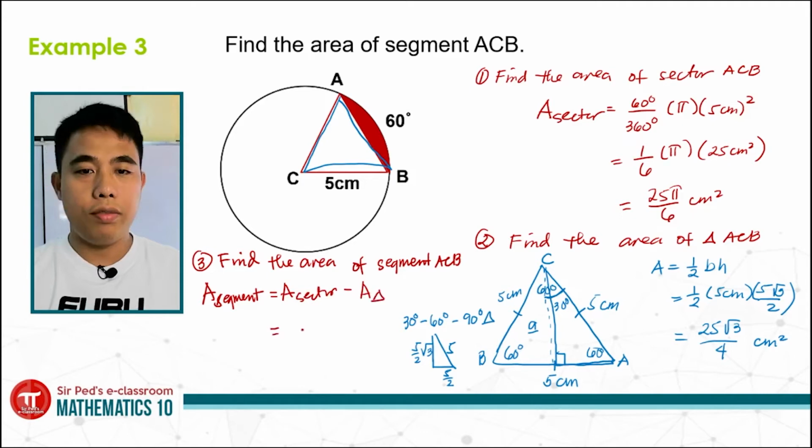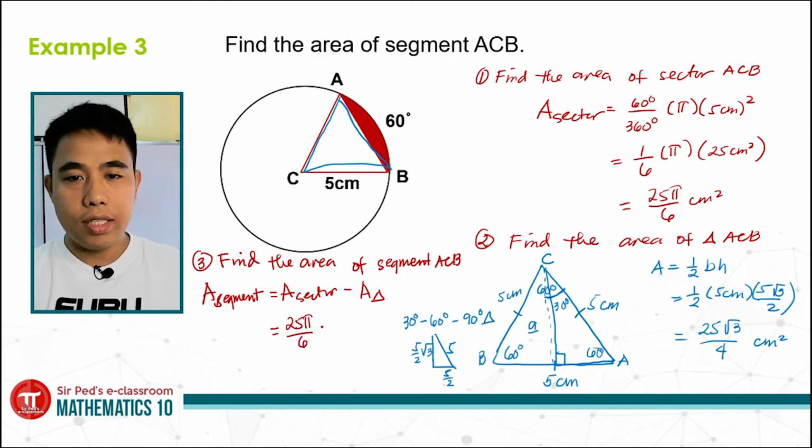So that will be 25 pi over 6 square centimeters minus 25 square root of 3 over 4 square centimeters.